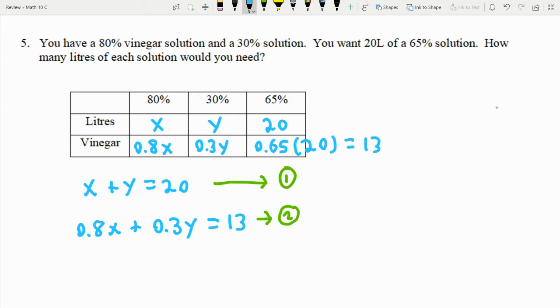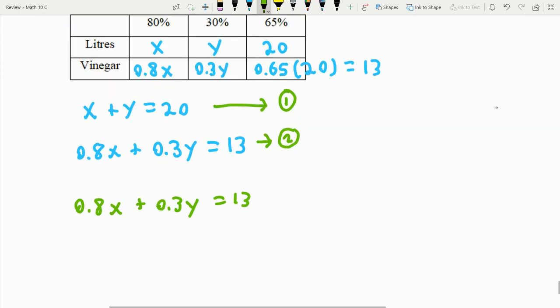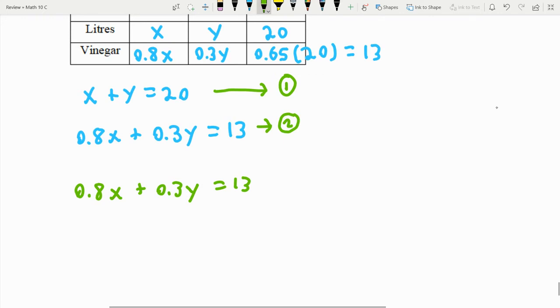So what I would do is multiply every term by 10 to get rid of the decimals. So let's do 0.8x plus 0.3y equals 13, and then I would multiply each term by 10.